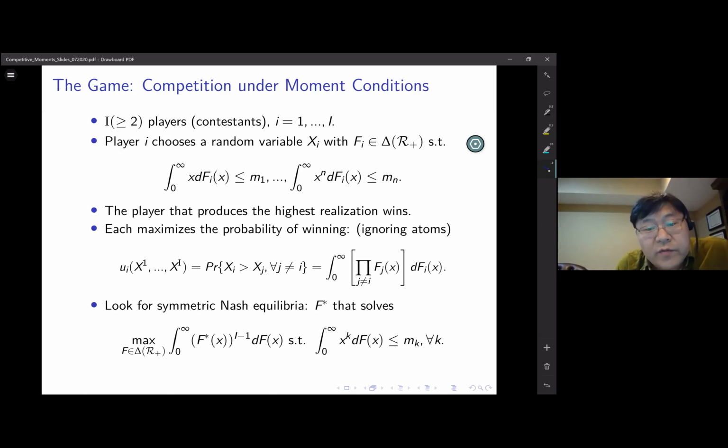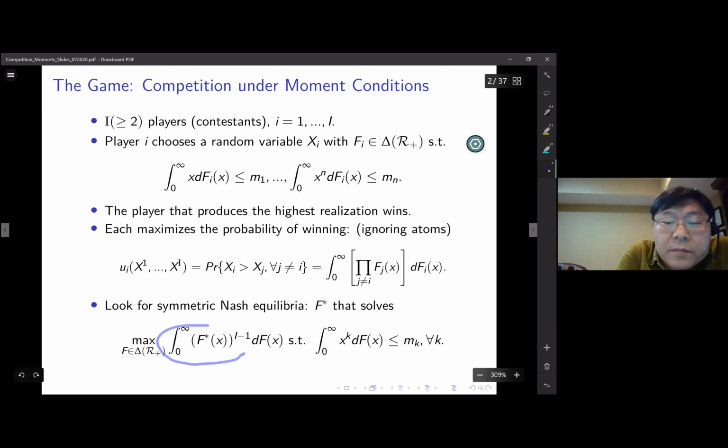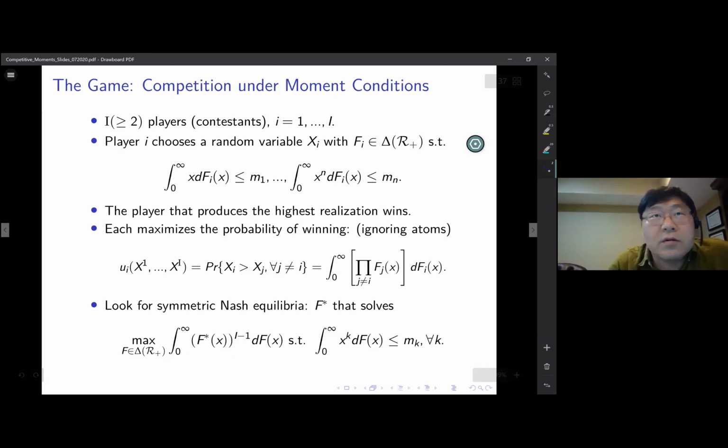We also focus on symmetric Nash equilibrium. As usual, F star is a symmetric equilibrium if it is a best response to itself. In other words, F star is an equilibrium if F star maximizes an individual player's payoff among those distributions that satisfy the moment conditions, conditional on the event that all other players play F star. So this is a game, and we just want to analyze this game.